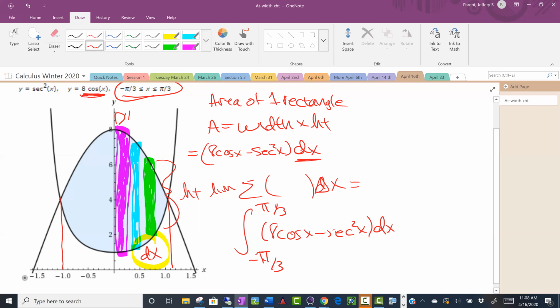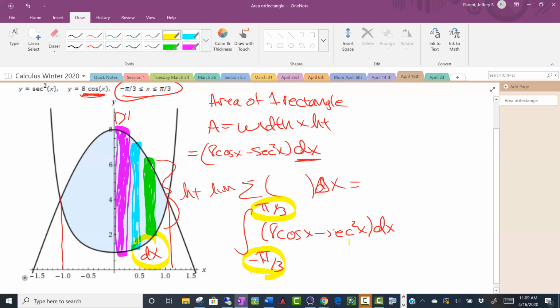This is a great one to start out with because there's another little trick that I can show you here. One of the things that catches my eye is that I've got a symmetric interval. So that is, I'm going from pi over 3 to negative pi over 3. And then you look at the function and you realize cosine's an even function and secant's an even function.